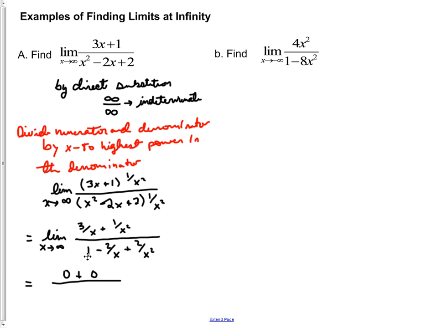The 1 just stays 1. Minus 2 over x goes to 0, plus 2 over x squared goes to 0 too, right? So we're evaluating each term in the numerator and denominator, and that gives us 0 divided by 1, which is not undefined, it's equal to 0. And that's our limit in this case.